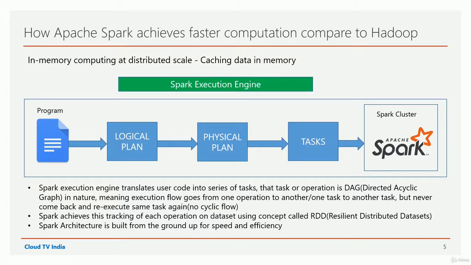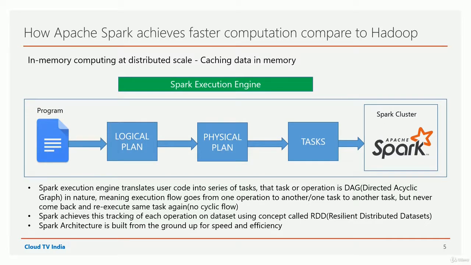Each task will run on an executor. An executor in Spark, you can think of as a JVM process. You will have multiple executors to execute your tasks in parallel, like how MapReduce does, but in an efficient manner. That's how it is able to do the job more quickly.